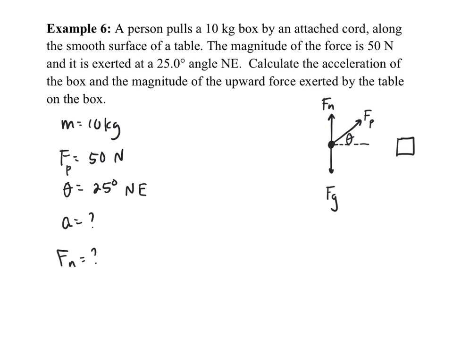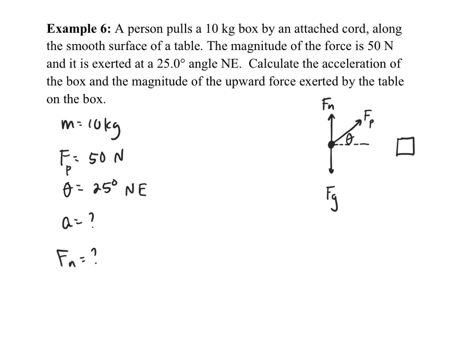Now, why don't I need to worry about tension? Oh, there's a rope here. Usually I have to think about tension. Here's the thing, though. The tension in this rope is transmitted by the force I'm applying. So whatever FP I pull on the rope, that is going to in turn pull on the object. So right now, I don't have to worry about labeling this FT and solving for the tension in the rope. But when we have a multi-body system, which we're going to have soon, two masses hanging over a pulley, then we have to worry about tension in the rope and label FT.